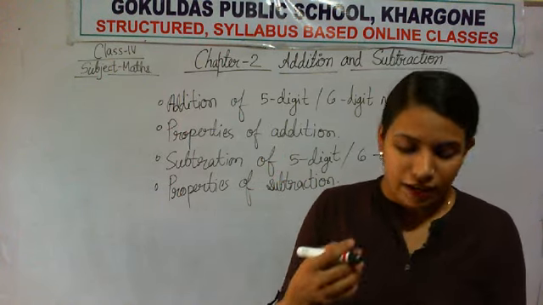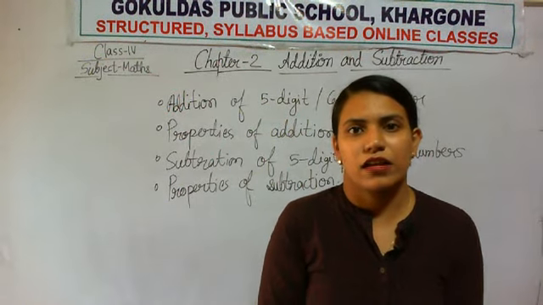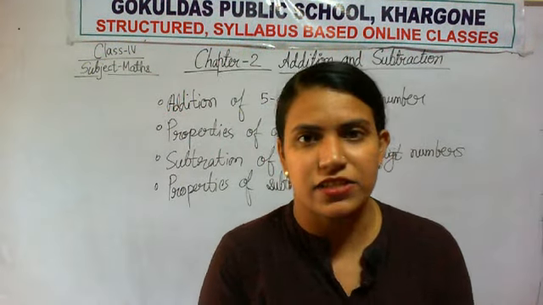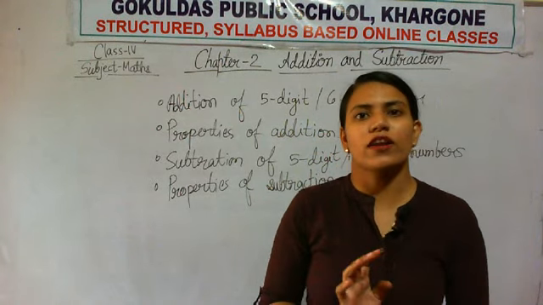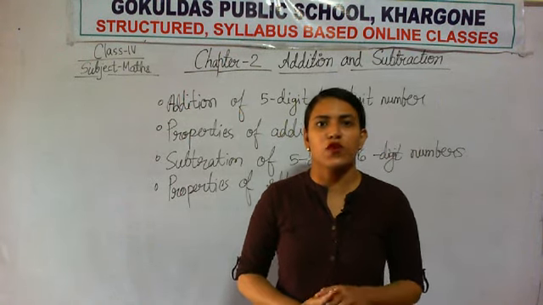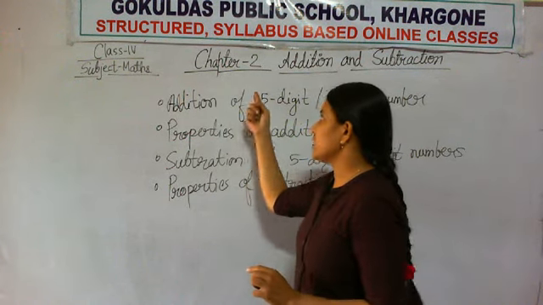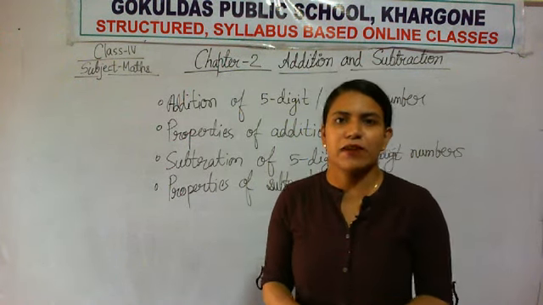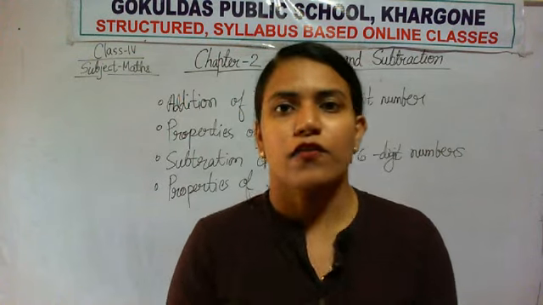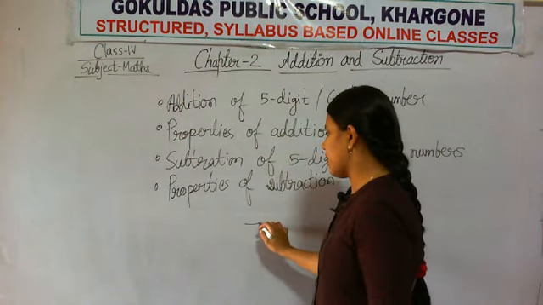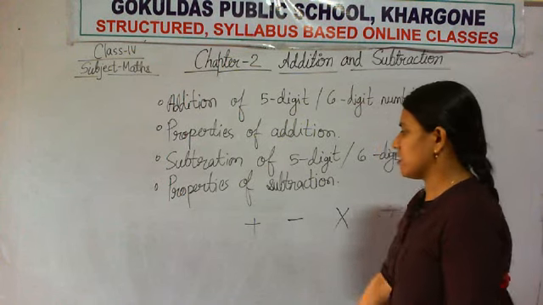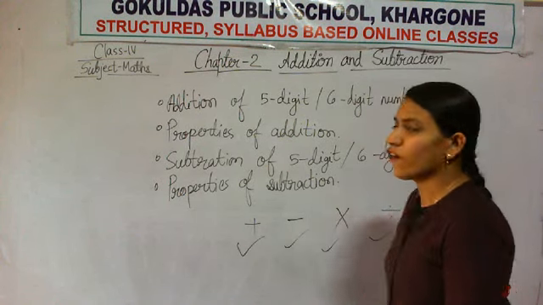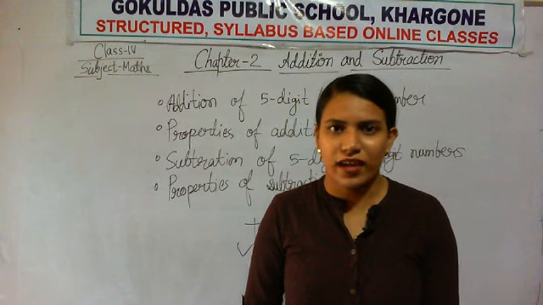We will learn the round of numbers addition, round of numbers subtraction. So overall in this chapter we are going to perform 2 operations, addition and subtraction. In mathematics 4 operations are there: addition, subtraction, multiplication and division.